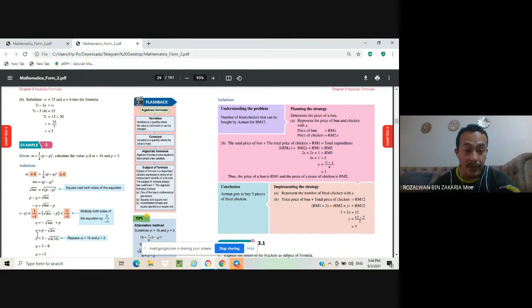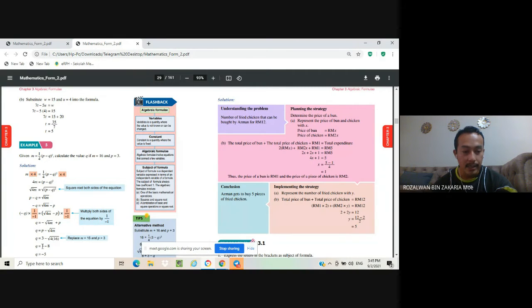Okay, then what to do? We substitute the value. So given in the question, the value of m equals 16. So m here you substitute with the 16. So 4m, that means 4 multiplied with the 16. That's why here 4 bracket 16. Okay, then P you need to substitute with the 3. So here becomes Q equals 3 minus square root 4 in bracket 16.